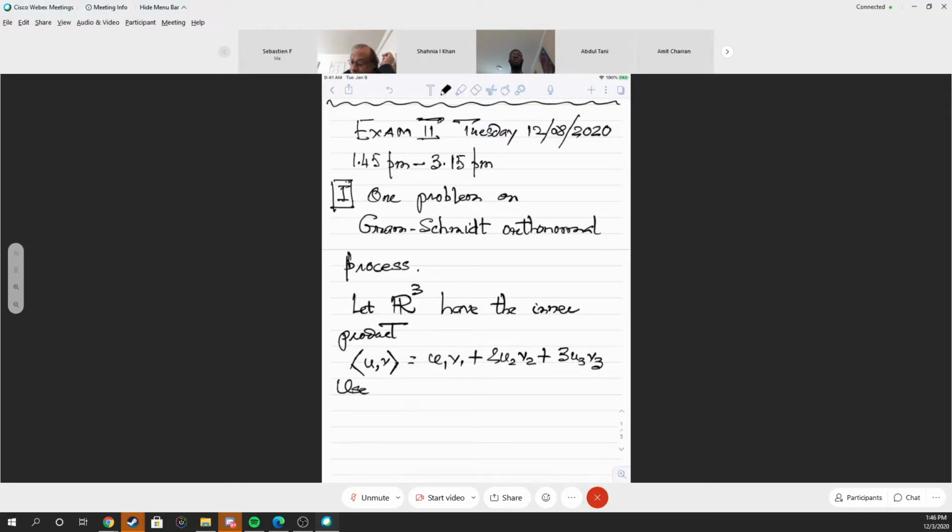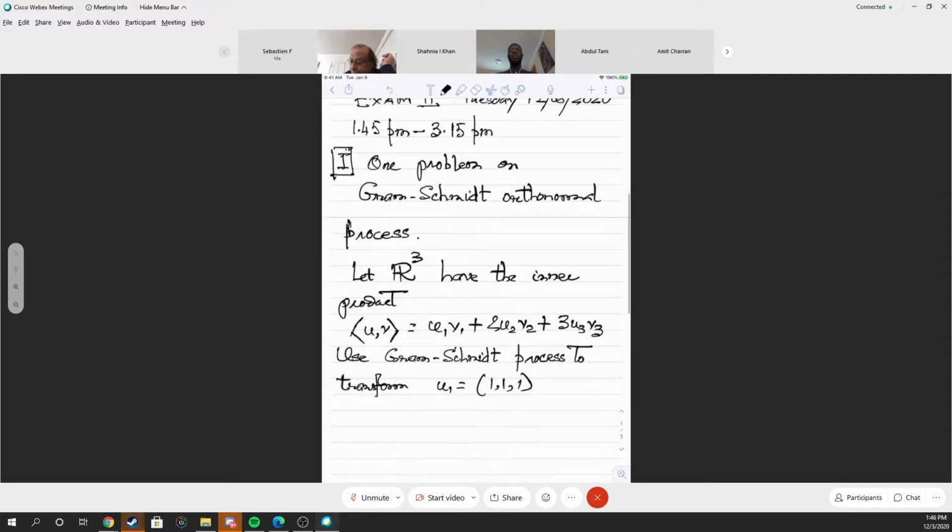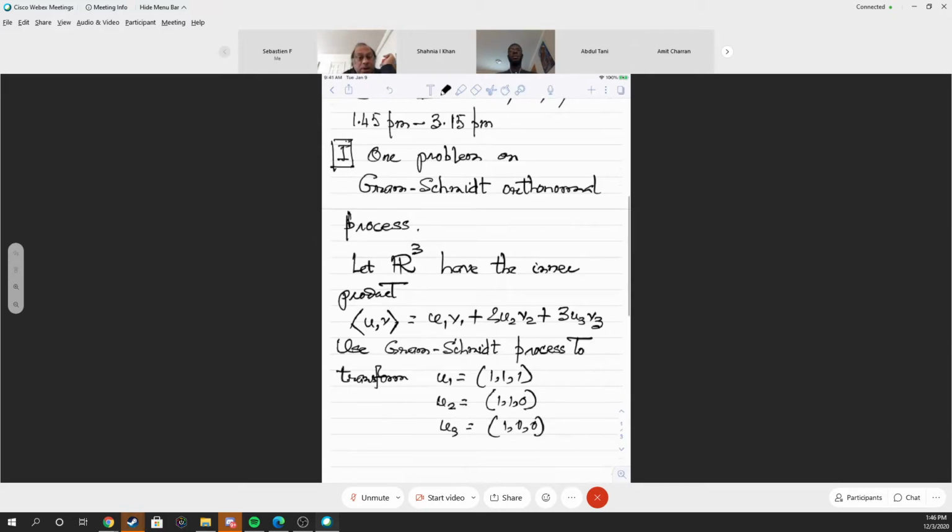Use Gram-Schmidt to transform the given vectors into an orthonormal basis.